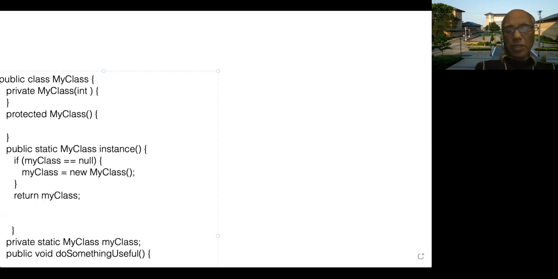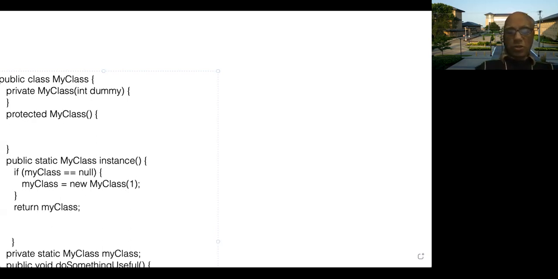So we put a dummy, maybe I can put dummy here, and we will put one or something here. This is simply to distinguish between these subclasses. And here you check the type of object.